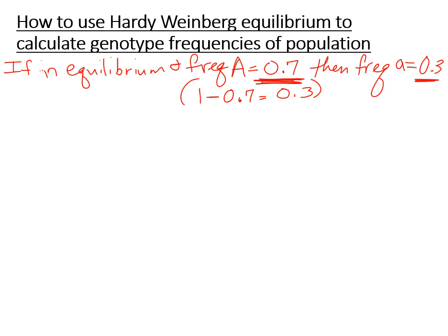Then, with that information, I could figure out the frequency of each of the genotypes, right? So we start with homozygous dominant. And ask yourself what these letters actually mean. Well, the probability that you get from mom a capital A is 0.7, right?